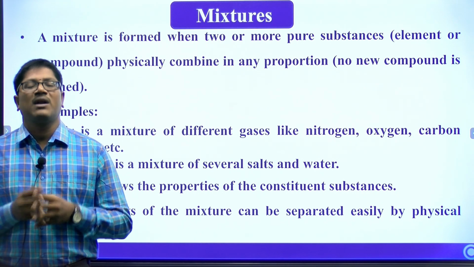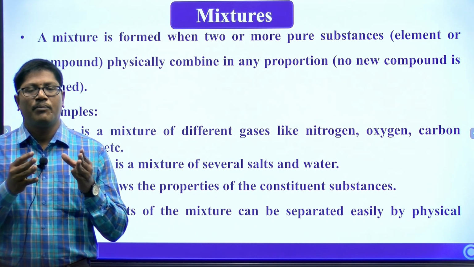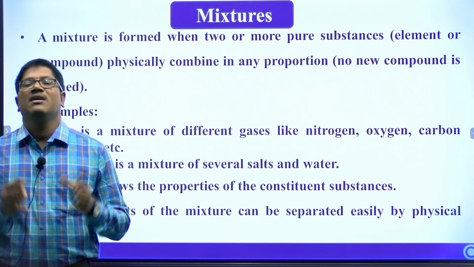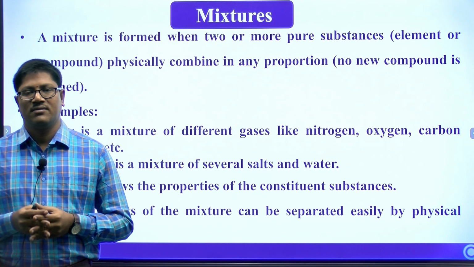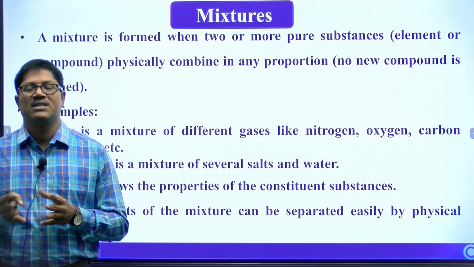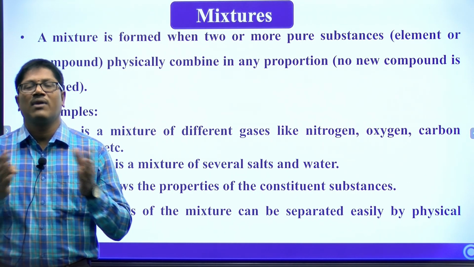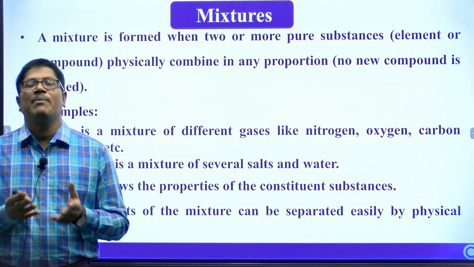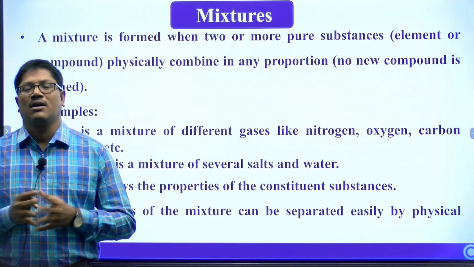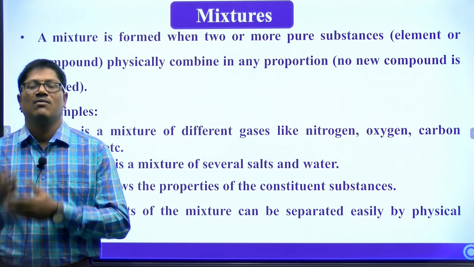The constituent particles present in the mixture, that is the pure substances, can be separated by simple physical methods. For example, if you take salt water, it is a mixture of salt and water. We can separate salt from water just by evaporating the salt water. You will get the salt, and by condensing that water vapor, you will get water.